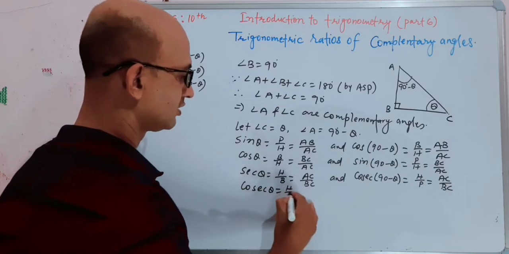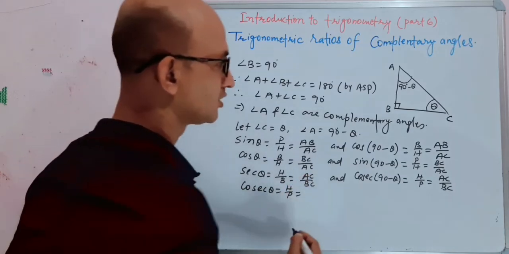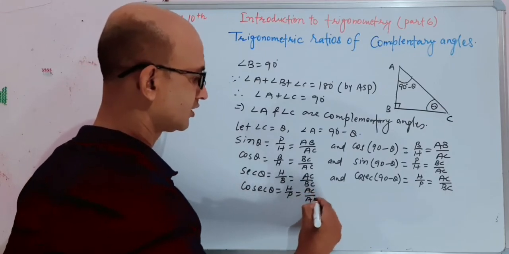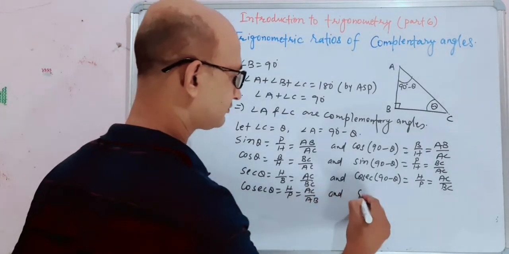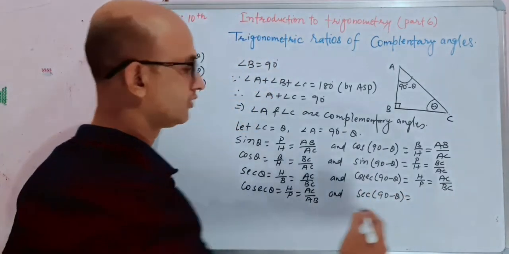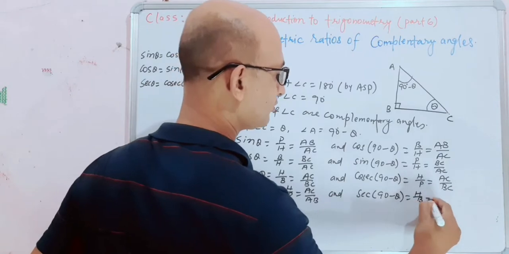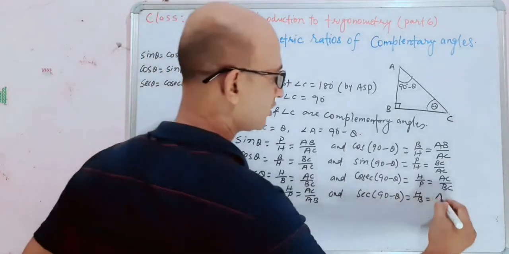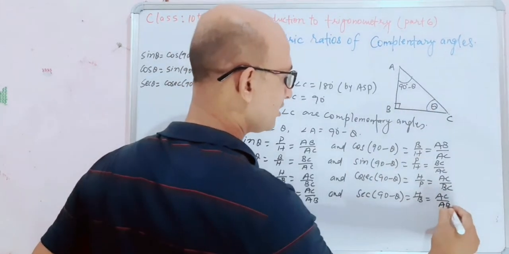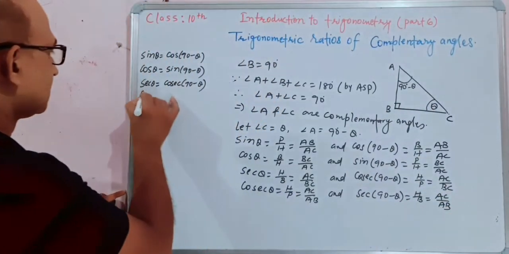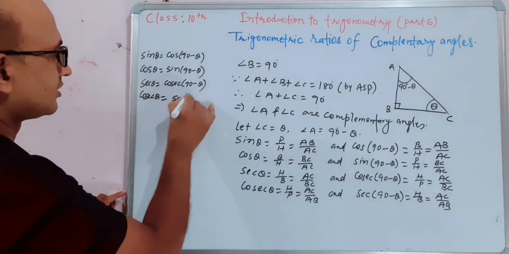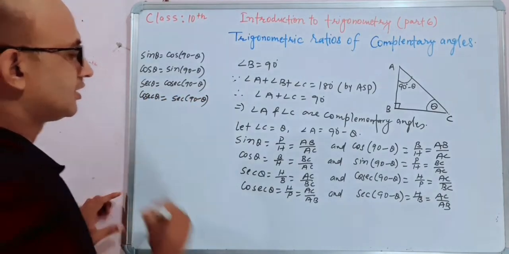Cosec is hypotenuse by perpendicular, and hypotenuse is AC, perpendicular is AB, and find sec of 90 minus theta. Sec is the ratio of hypotenuse and base, and hypotenuse is AC, and for 90 minus theta, base is AB. So we get cosec theta equals sec 90 minus theta.